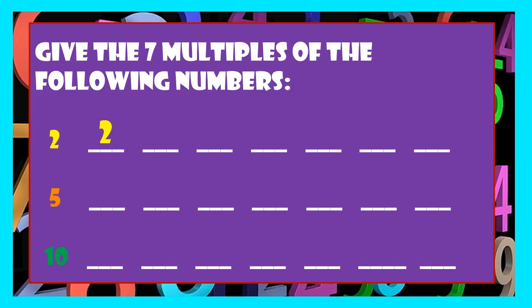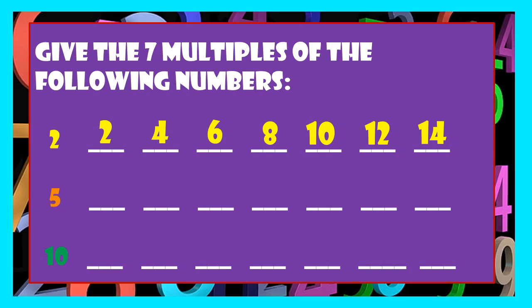What comes next after 2? It is 4. After 4, it is 6. Then after 6, it is 8. After 8, it is 10. Then after 10 is 12. And after 12 is 14.